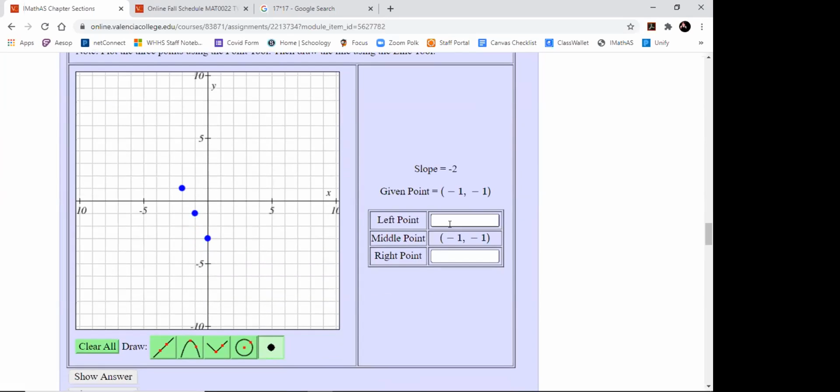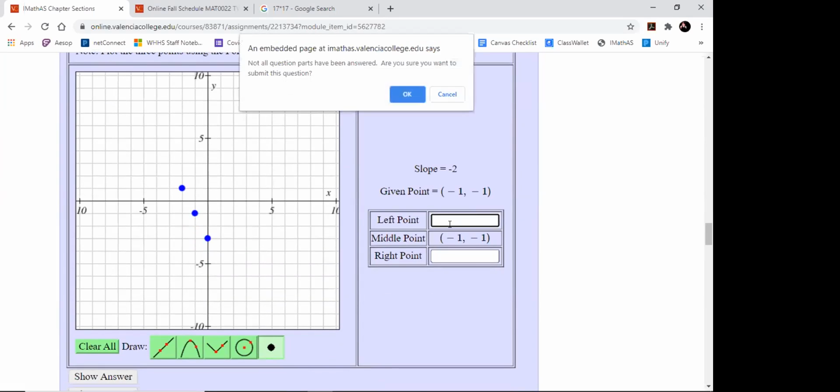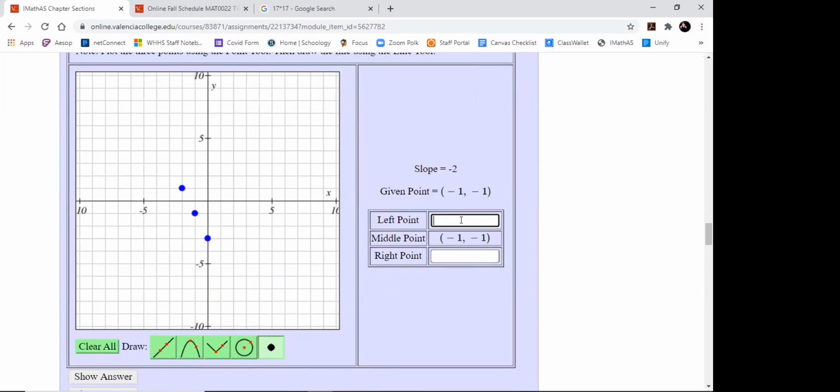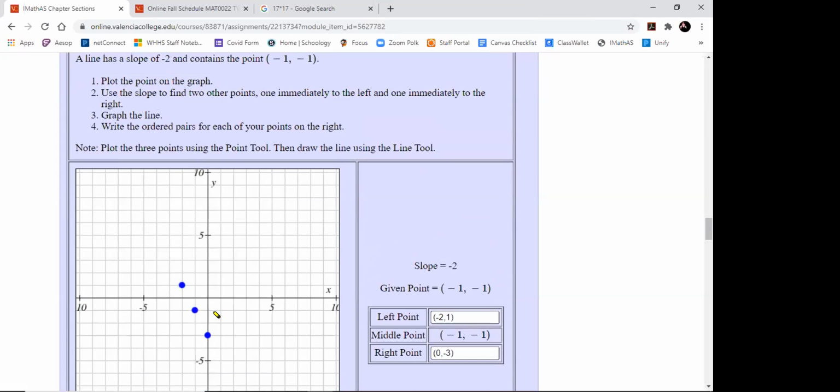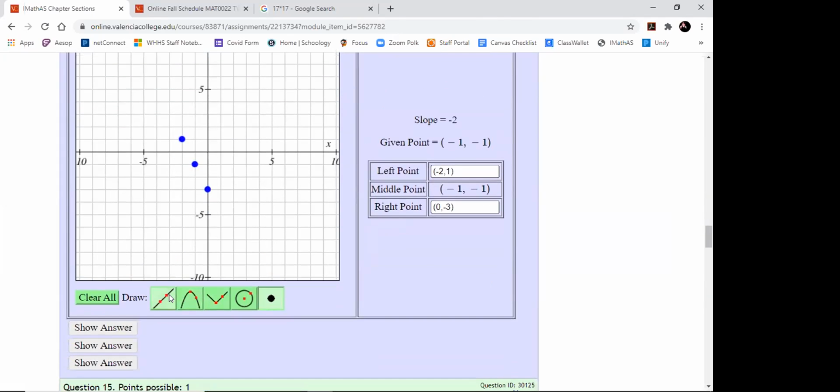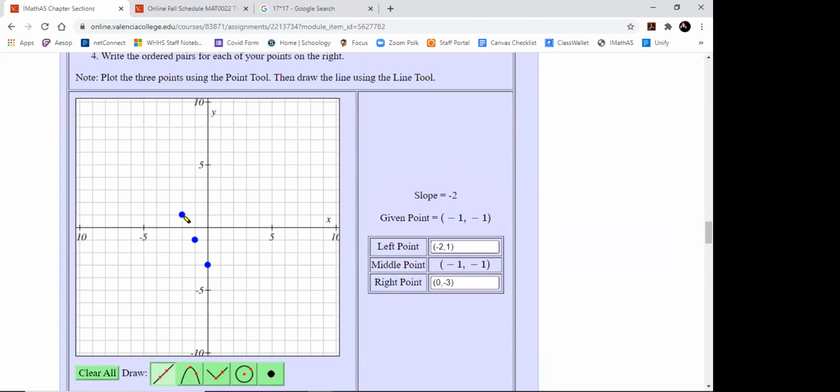So your left point would be -2, +1. And your right point would be 0, -3. And the last step after filling in these points is to actually draw the line. So you go back to the draw line tool and then just click on 2 of your points. And you have drawn the line.